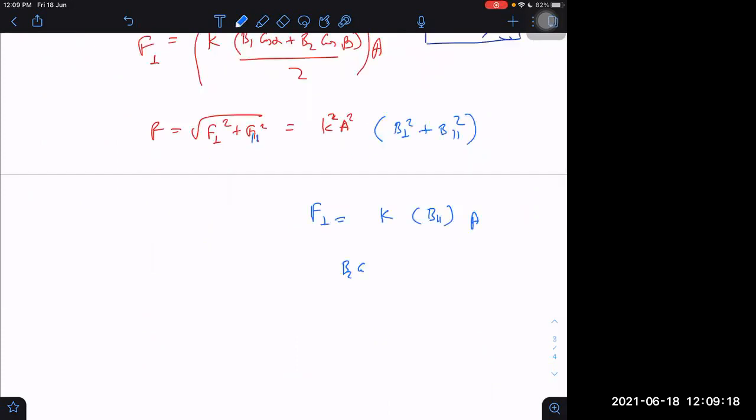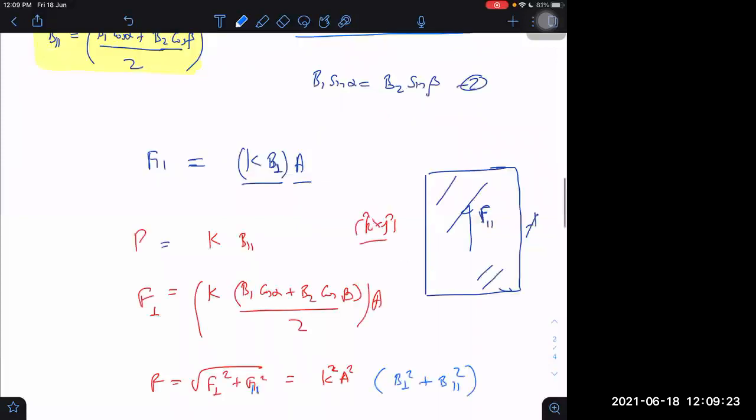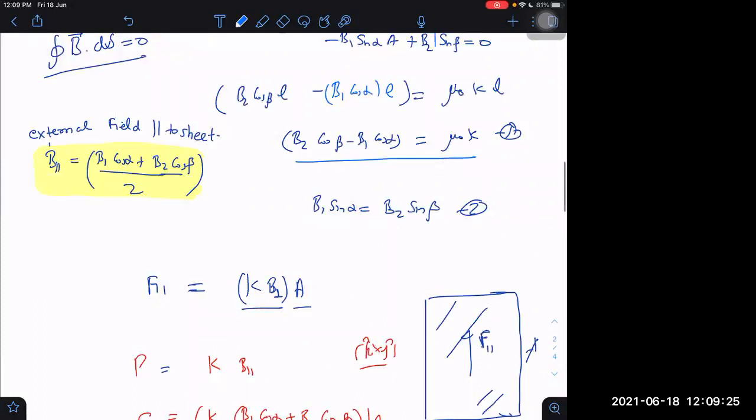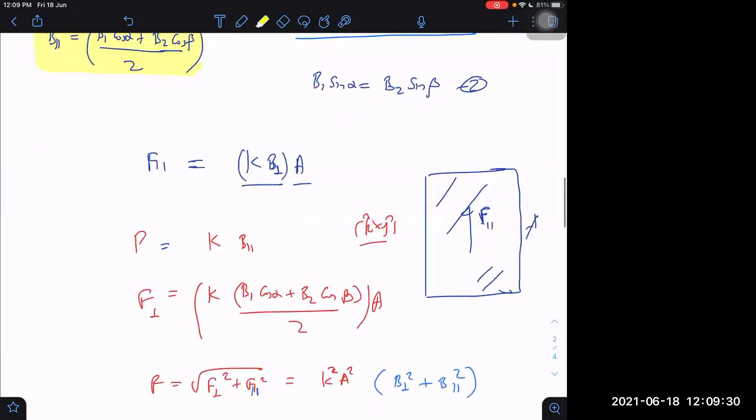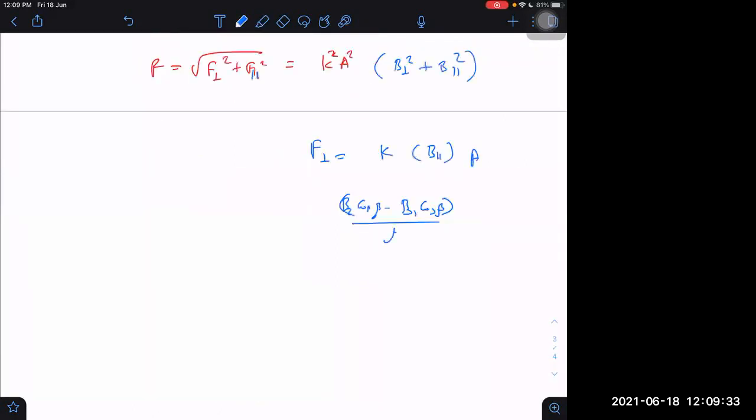This is divided by mu naught, into B1 cos alpha plus B2 cos beta divided by 2, that is B parallel, whole into area, that is equal to F perpendicular.